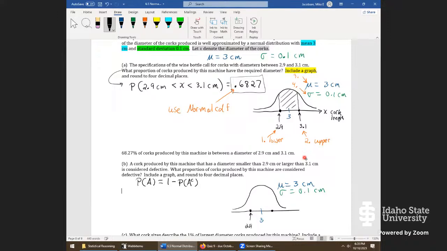And here is about 3.1. X is still the cork length. And the last question told us the area right here in the middle is 0.6827. We can just carry that to our diagram right here. 0.6827. So we have the central area all together.